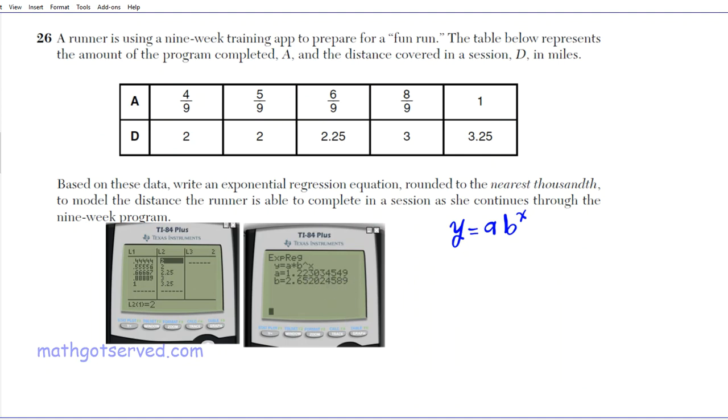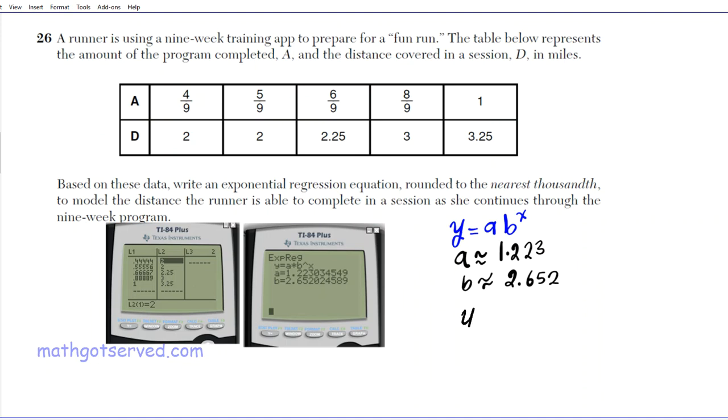Okay, so let's go ahead and write this down. A is going to be approximately 1.223 to the nearest thousandth or 3 decimal places, and B is going to be 2.652 to the nearest thousandth.